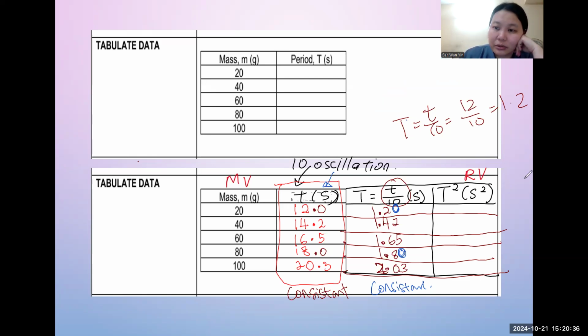Okay, then next, how is it? So this one, please use T square. T square means 1.2 squared. You will get 1.44. Yeah, I need to change.